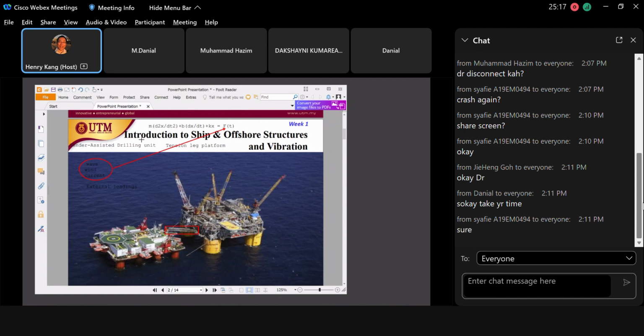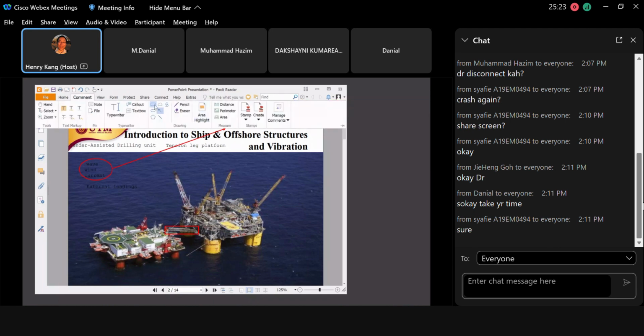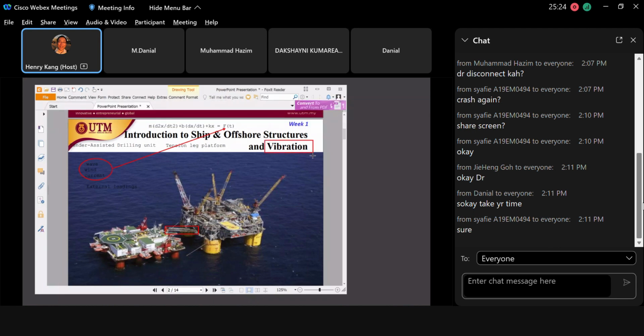And then the vibration itself, the vibration that happens on the ship and offshore structure, is in fact the s. The s is the vibration.